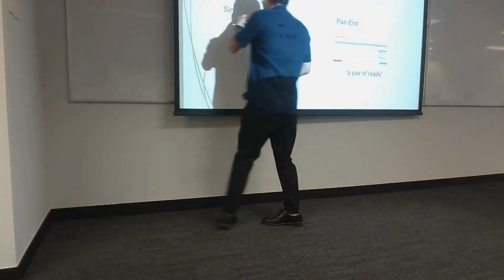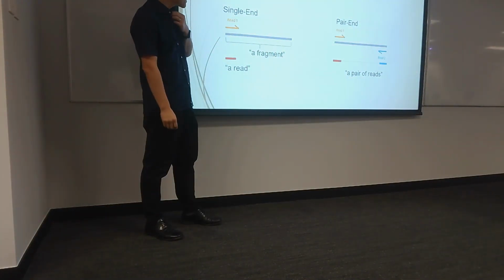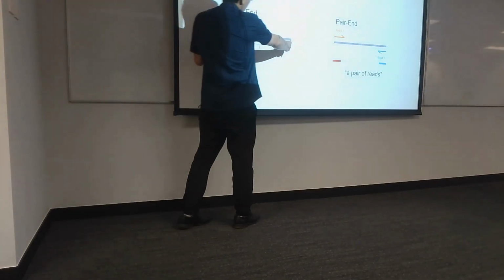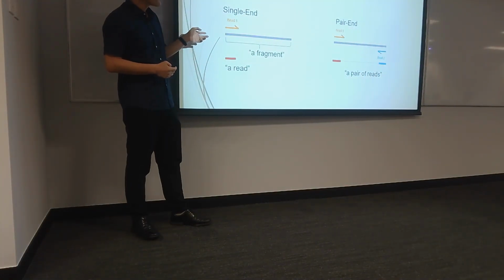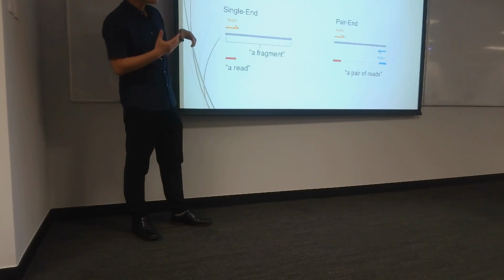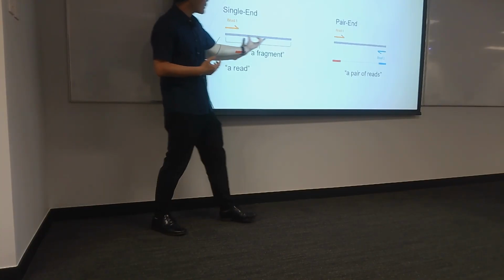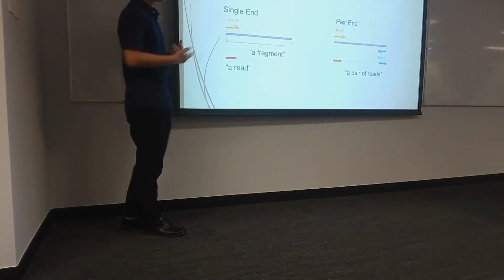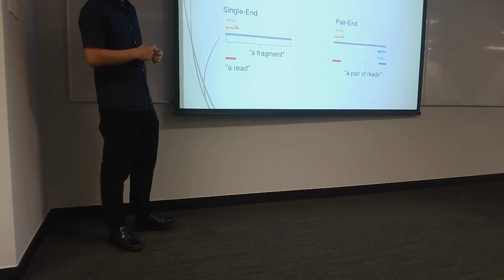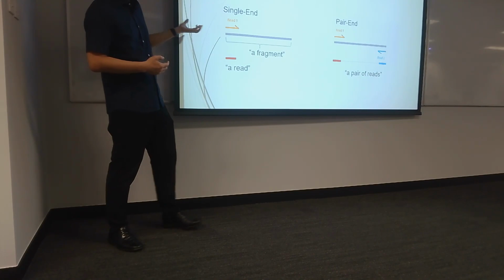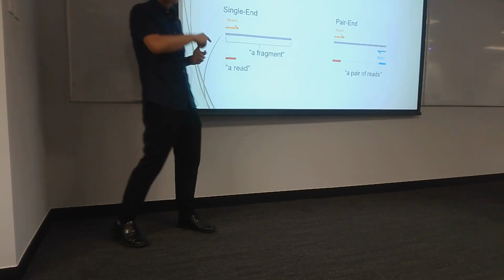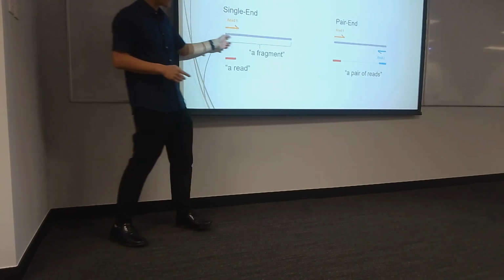What's the meaning of single-end sequencing? Basically, for each fragment, this fragment is a real DNA fragment, either cDNA from RNA sequencing or real DNA fragments. Usually, this fragment is 100 base pairs, or sometimes could be longer, sometimes shorter. Anyway, the length of this fragment might follow a normal distribution.